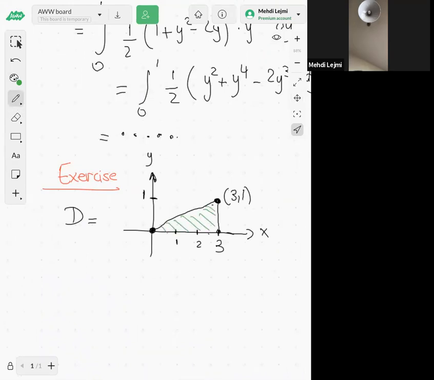So what you have to do, guys, in this exercise is to evaluate the integral. I'm going to pick a very simple function, just the function x, so the integrals are very easy to compute. So the function x over this region D, using, again, two different ways.